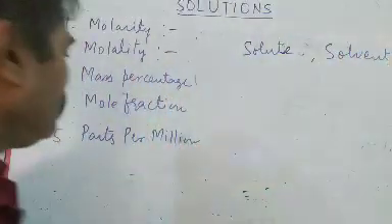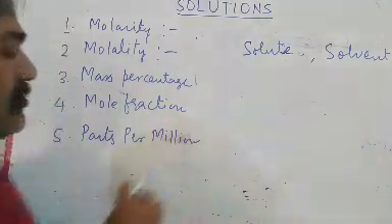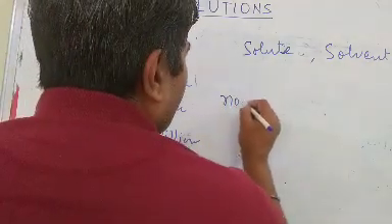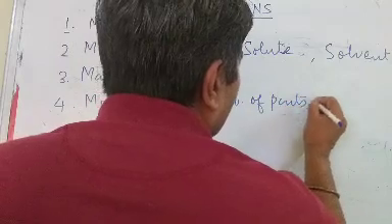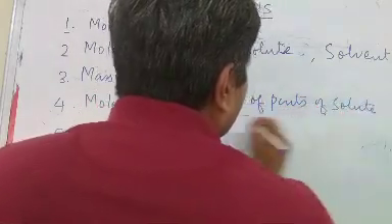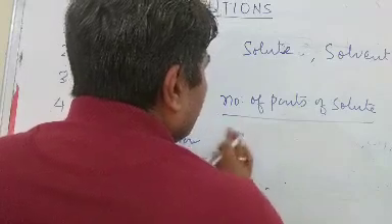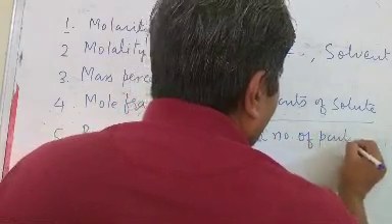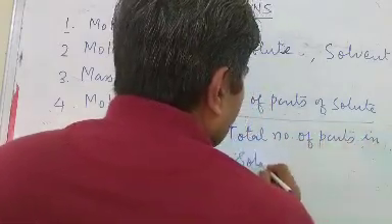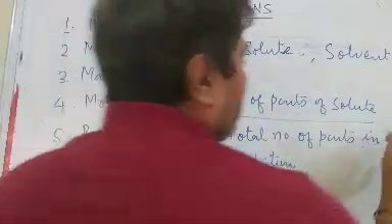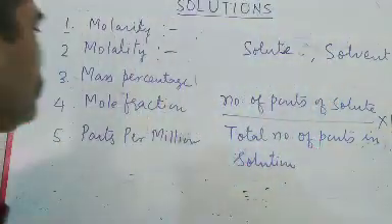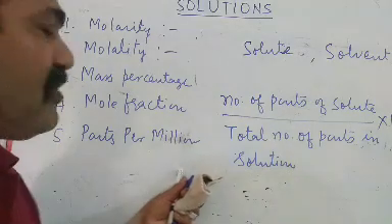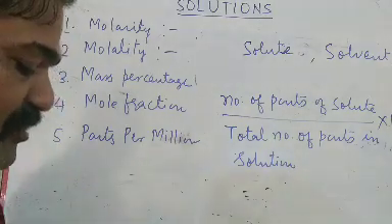If we are going to find the parts per million regarding the solute, then the number of parts of solute divided by the total number of parts in the solution, when this ratio is multiplied by 10 raised to power 6, gives us the parts per million. In short, we also say ppm.